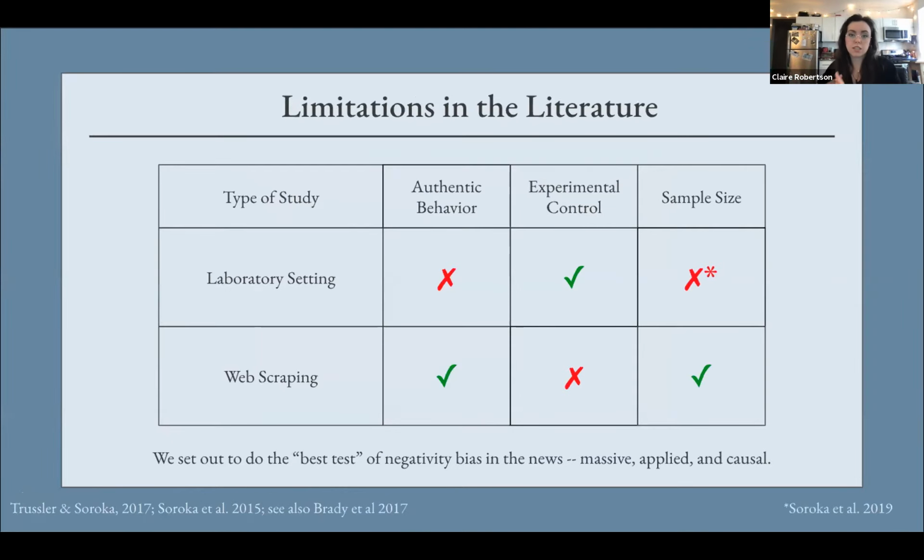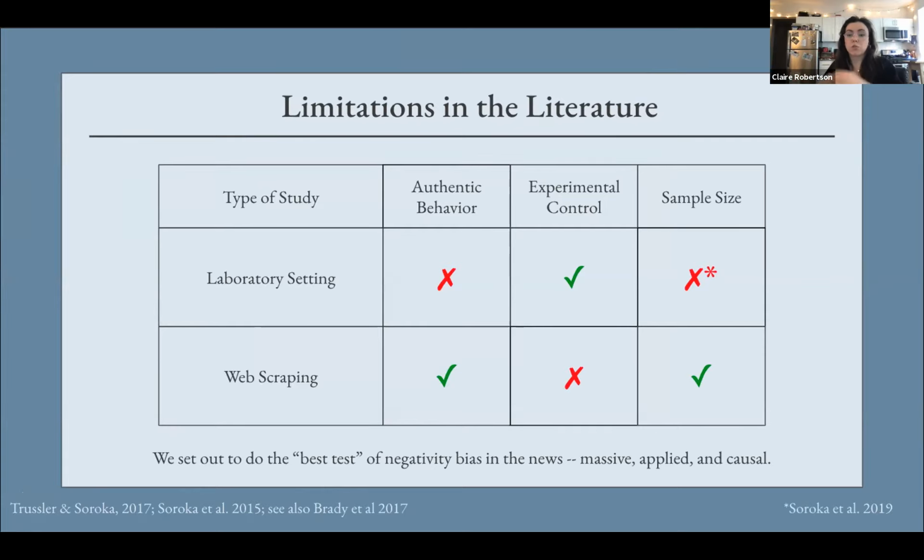However, most studies on negativity bias in the news specifically are limited in a few important ways. First, almost all of the studies to date have been conducted in a lab, which gives great experimental control, but doesn't always capture real-world behavior.